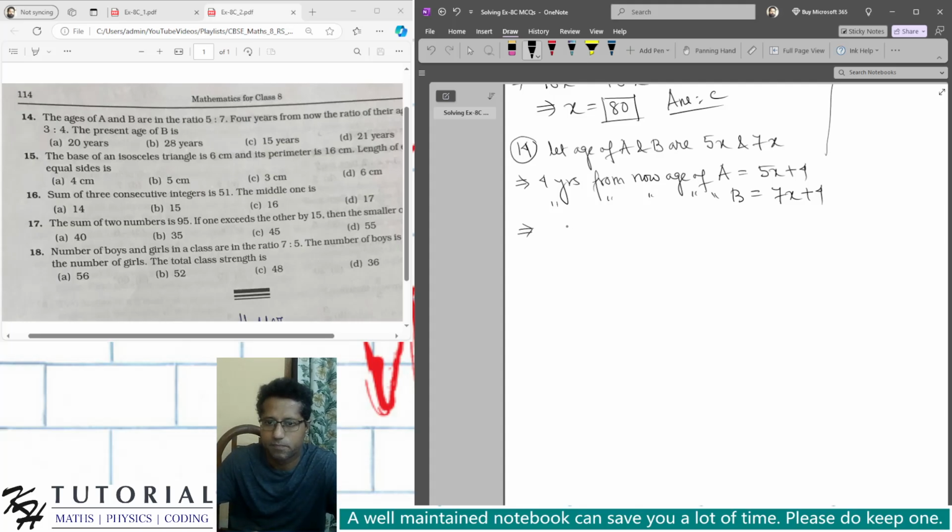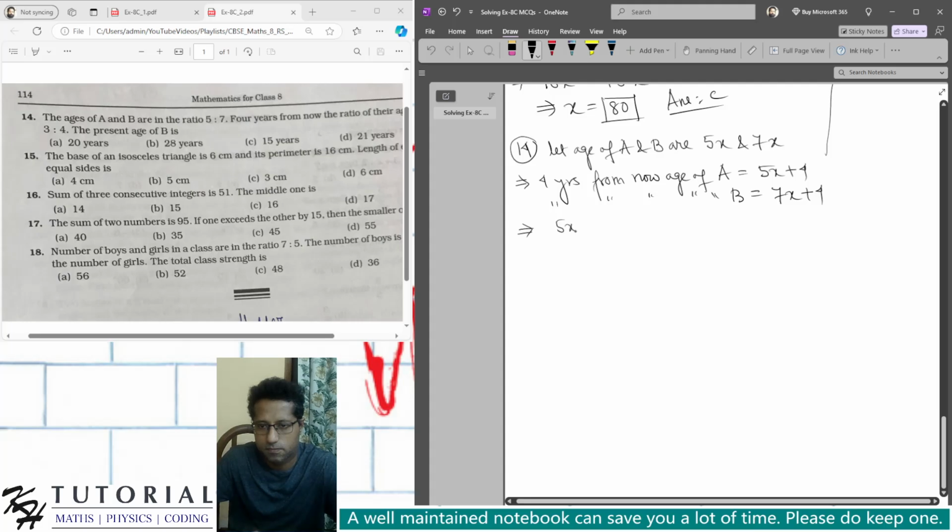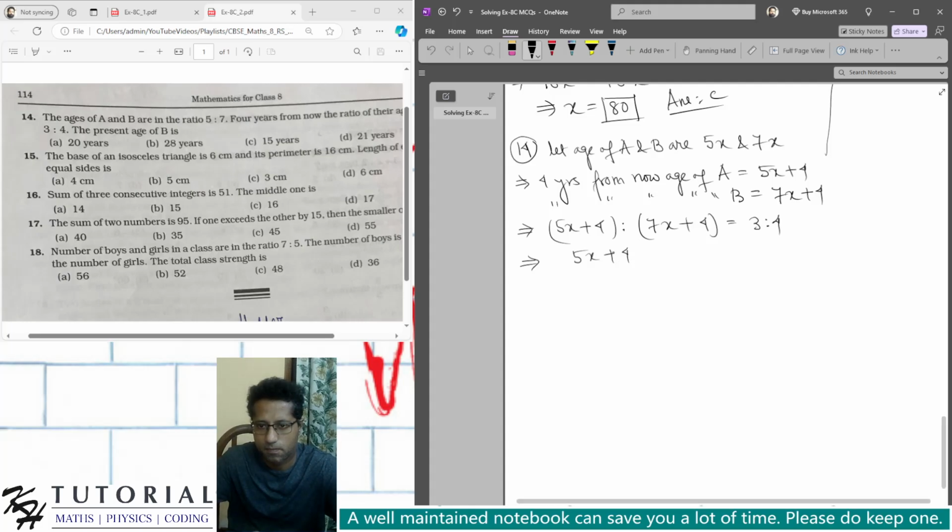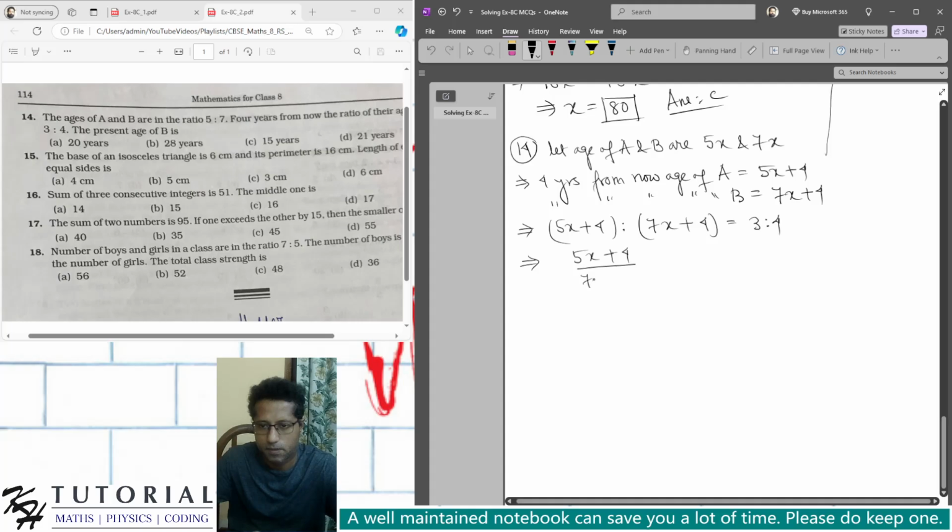So we can say 5x plus 4 is to 7x plus 4 will be equal to 3:4. From the concept of ratio and proportion, this is equivalent to saying that (5x plus 4) divided by (7x plus 4) is equal to 3/4.